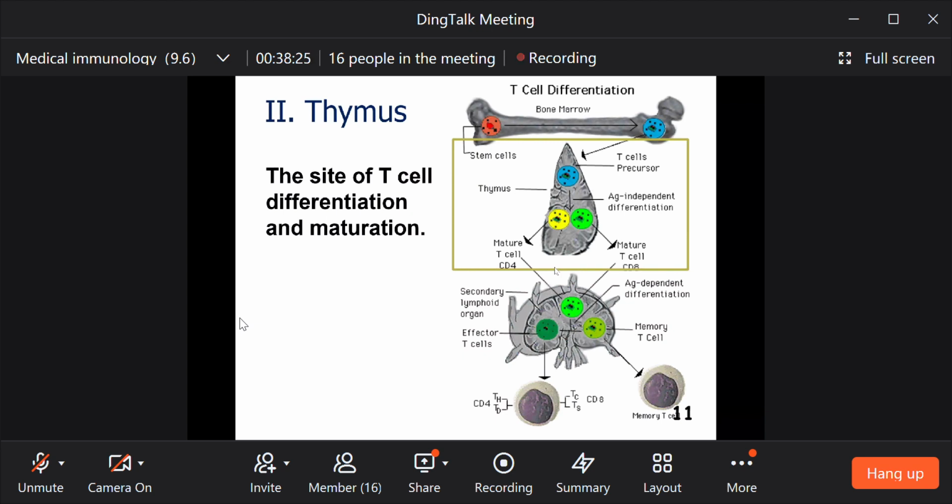So the T cell is called T cell because the T is from the thymus, the first capital T, because the T cell matures in the thymus.